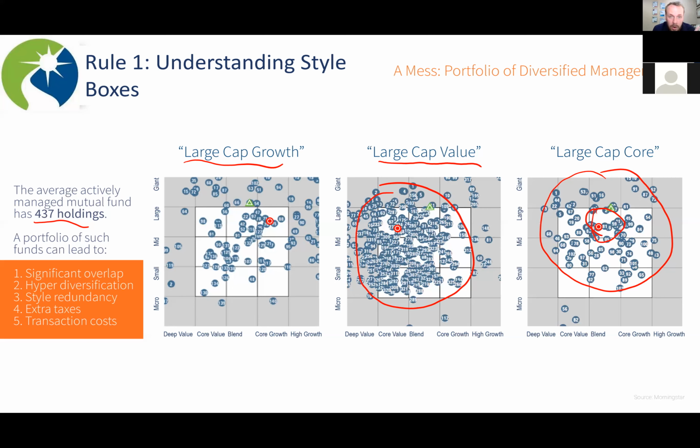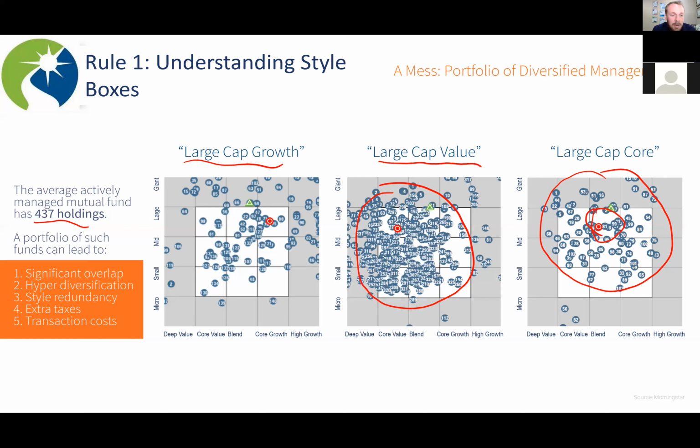We want uncorrelated diversification, which is an important piece we'll talk about here in just a second, but hyper diversification does you no good. We have huge amounts of redundancy. Depending on the tax qualification, you could have some pretty significant tax liabilities, and of course, increased transaction costs, not just your expense ratios, but the turnover ratios that Brandon talked about a couple of months ago. Ouch, that can be a very expensive thing.